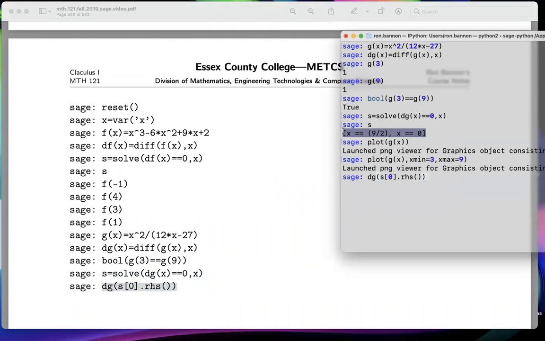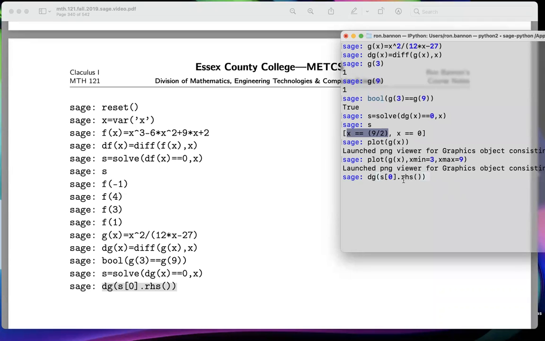It's a listing of two things, first thing, second thing, and remember, Sage starts counting at 0. So what does S0 stand for? S0 stands for the first entry, but I don't want the first entry. What I want is the first entry's right-hand side.